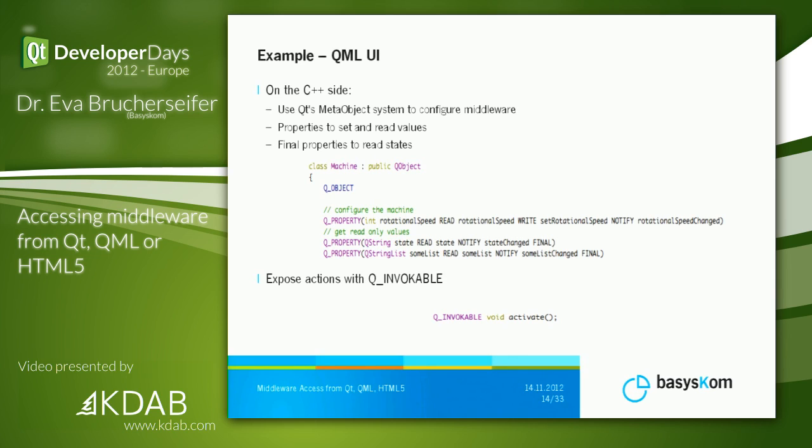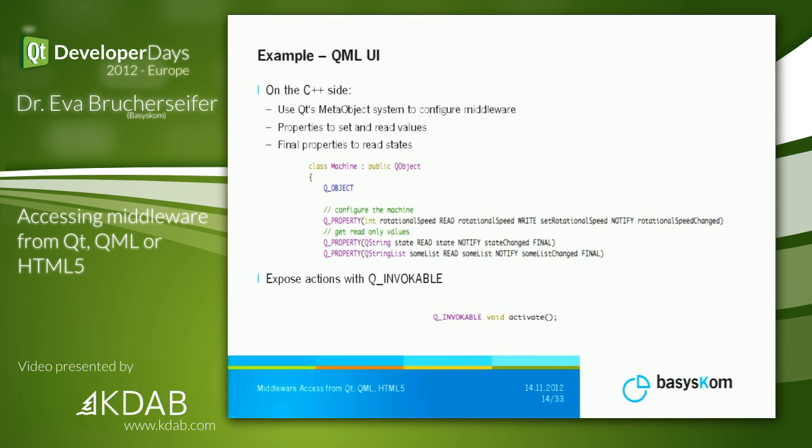So how can we do this? We can do this with Q_PROPERTY to set values, to export values to the middleware, to read values from the middleware in QML. We can use Q_INVOKABLE to trigger actions in the middleware from QML.